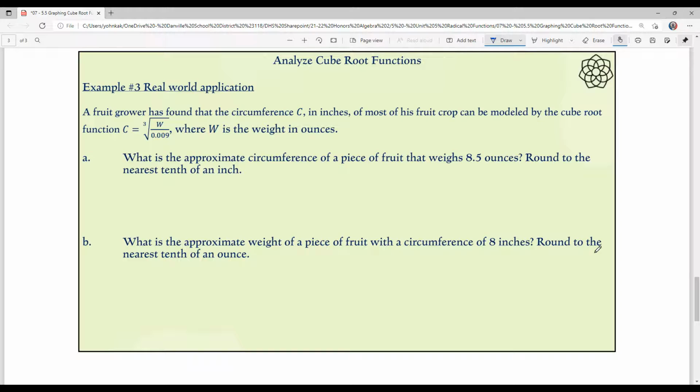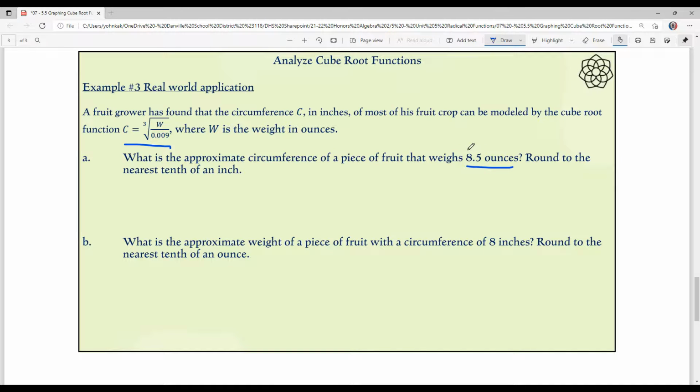A fruit grower has found that the circumference c in inches of most of his fruit crop can be modeled by the cube root function c equals the cube root of w over 0.009, where w is the weight in ounces. What is the approximate circumference of a piece of fruit that weighs 8.5 ounces? Round to the nearest tenth of an inch.